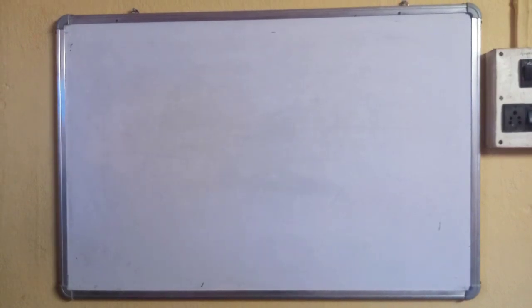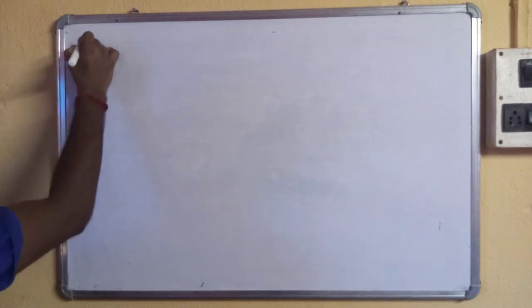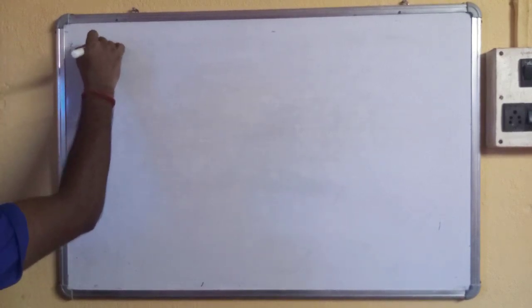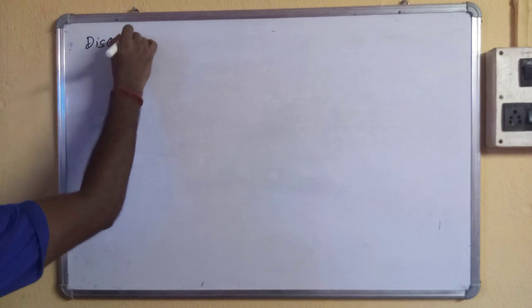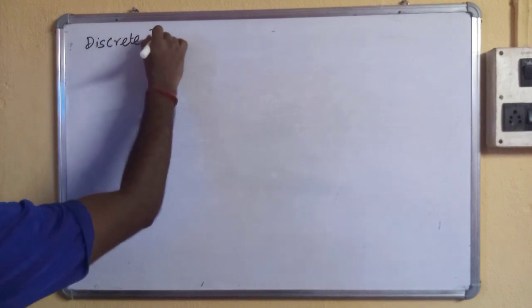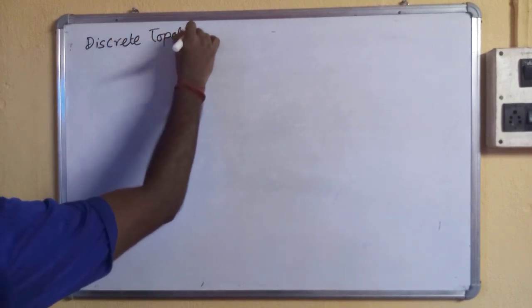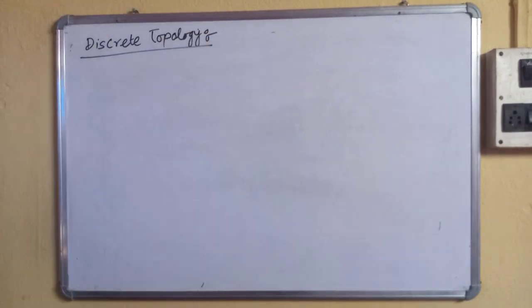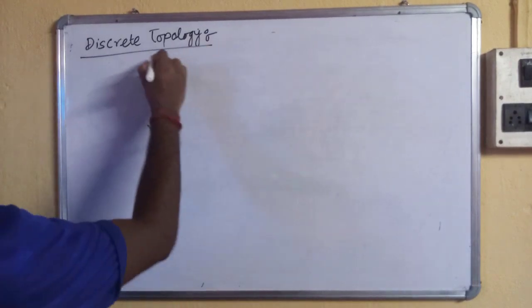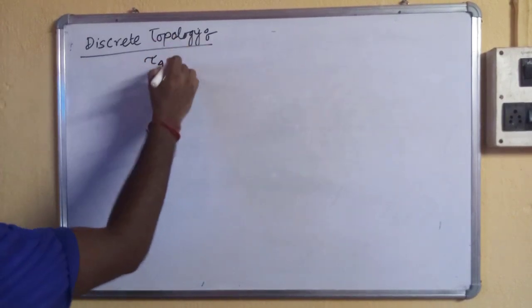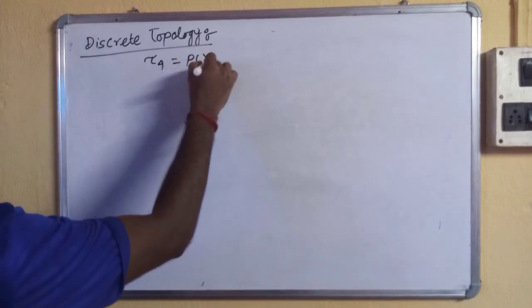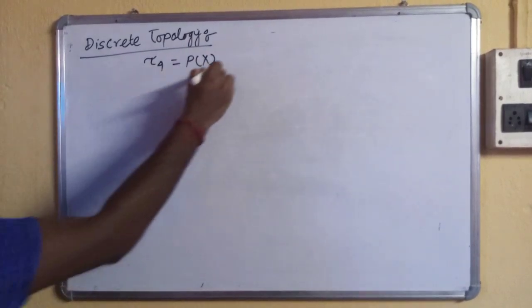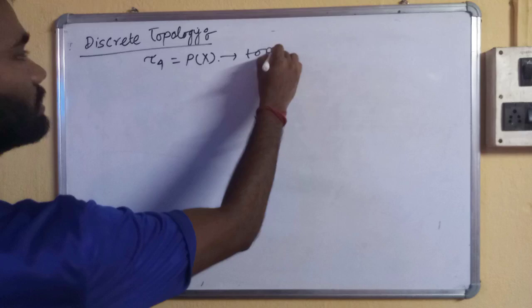Now we see some types of topologies. Number 1, discrete topology. In example number 4, that is when I deal with tau 4, which is the power set of x, this is a topology, right?